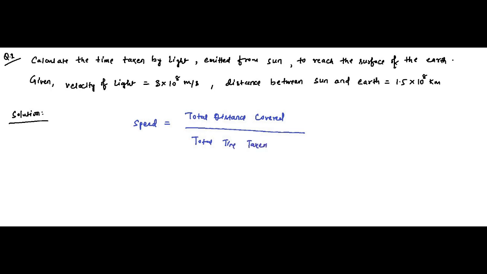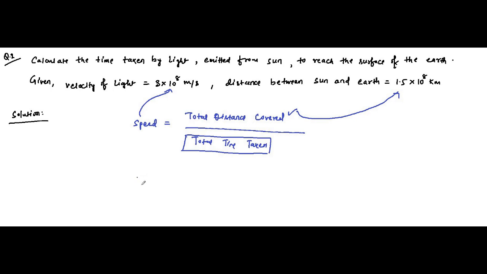Now here, this data has been given: total distance covered, which is the distance between Sun and Earth, 1.5 into 10 to the power 8 kilometers, and speed of light, 3 into 10 to the power 8 meters per second. So all we have to do is determine this total time taken.